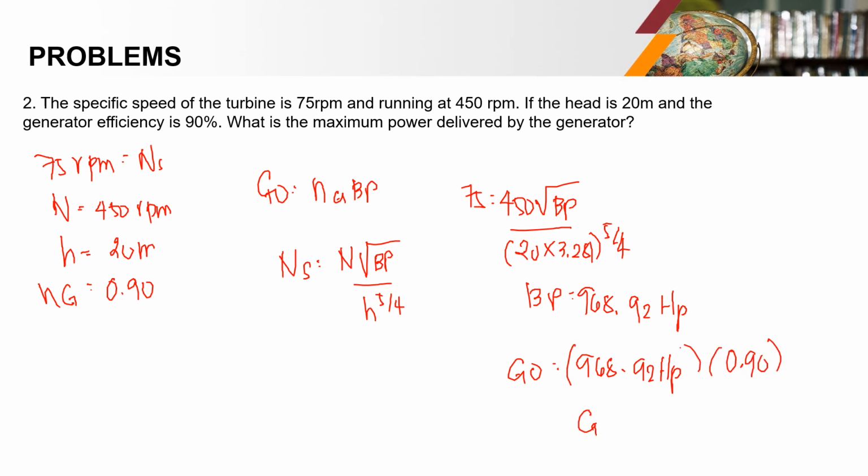So the generator output now is equivalent to 872.03 horsepower. So this should be our final answer.